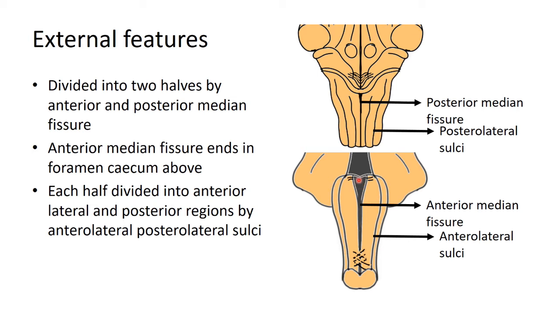Each half is further divided into anterior, lateral and posterior regions by two sulci, anterolateral and posterolateral sulci. So the medulla is divided into two halves by anterior and posterior median fissure, and each half is further divided into three parts, the anterior, lateral and posterior parts by anterolateral and posterolateral sulci.